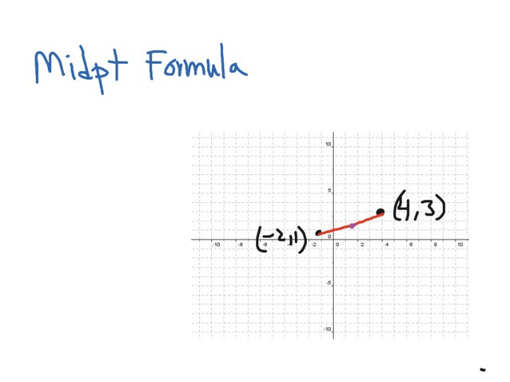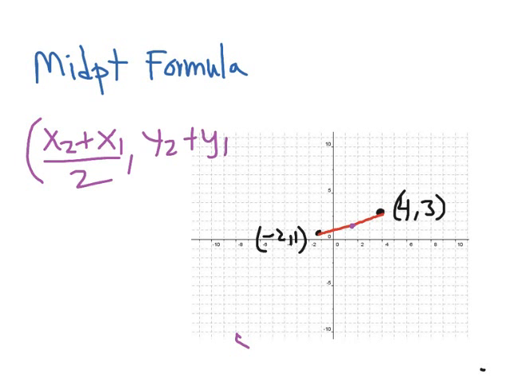Alright, to figure out the point right in the middle, not too difficult. It's called the midpoint. It's a point, so it's going to have a parenthesis like this. The midpoint is halfway between the x's, so you add the x's together and divide by 2. And then it's halfway between the y's, so you add the y's together and you divide by 2.